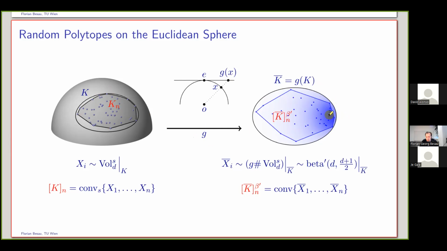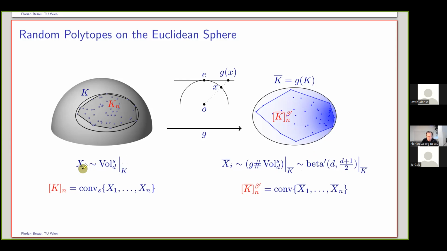I have deeply colored this part here, which should indicate that your measure is more concentrated here and less concentrated here. So you see more points appearing here than here, right? There's some distortion happening here. However, this push forward turns out to be a very well-known probabilistic distribution. It's related to the beta prime distribution with certain parameters.